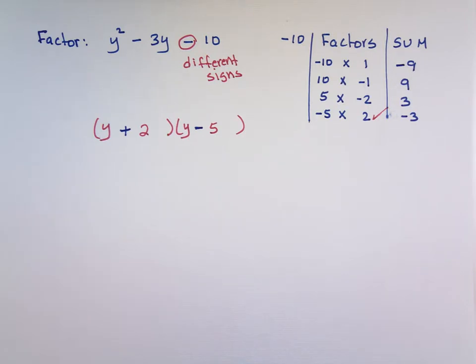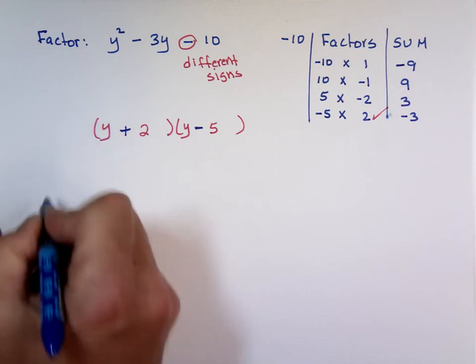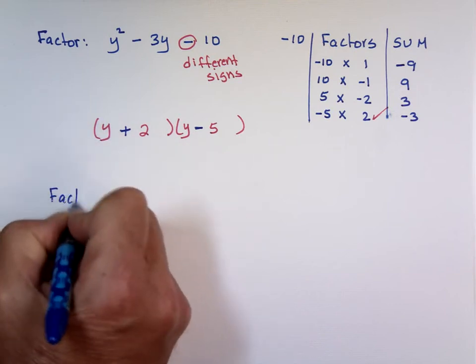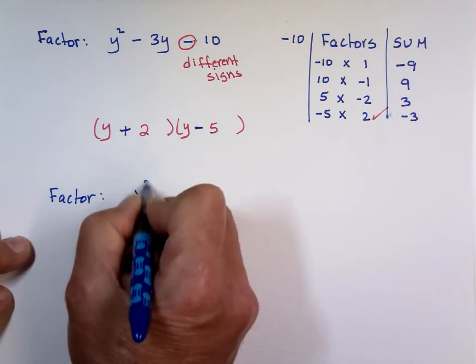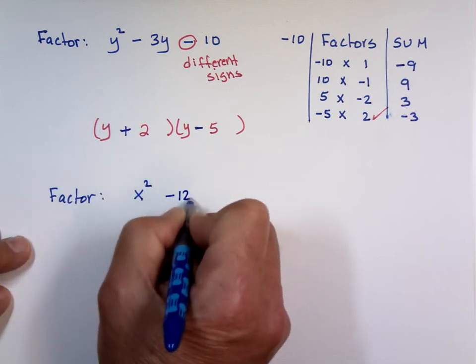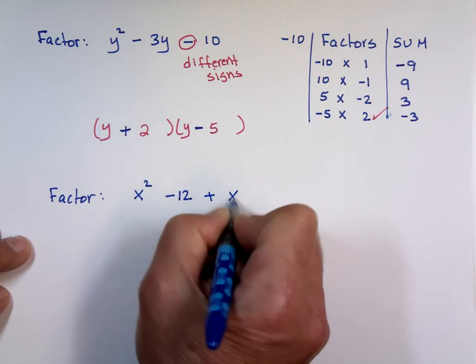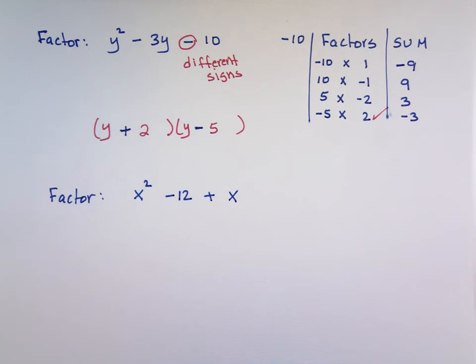Factor x squared minus 12 plus x. Tricky. Notice they're not really in descending power. So what I need to do is rewrite that problem.